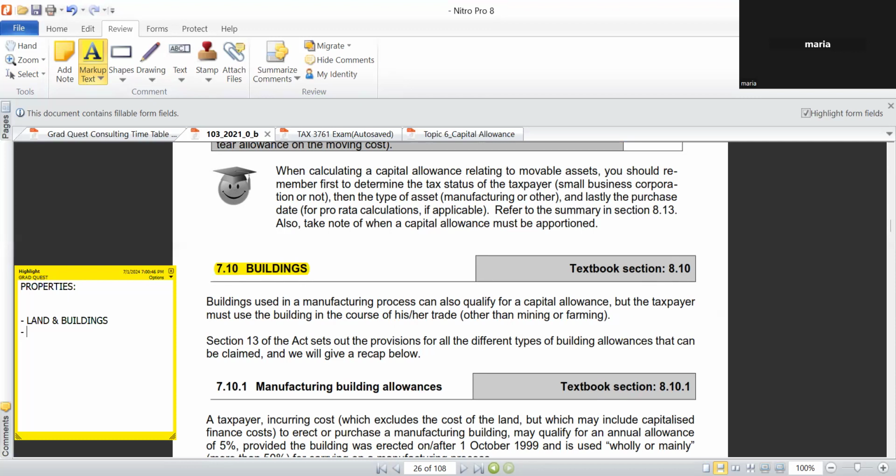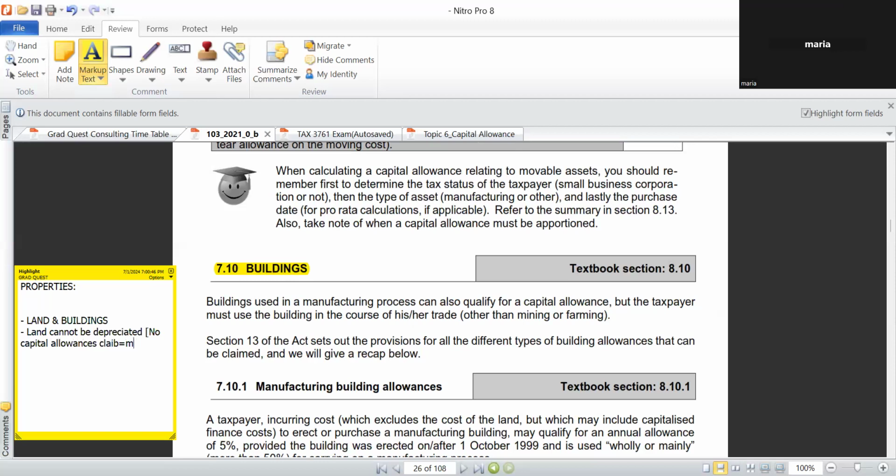Because a property consists of land and buildings, for capital allowances purposes, land cannot be depreciated.